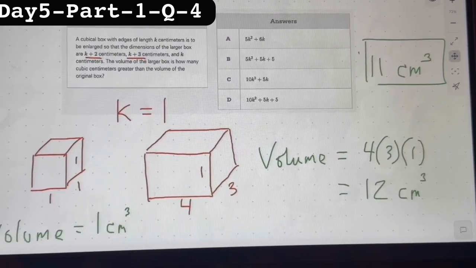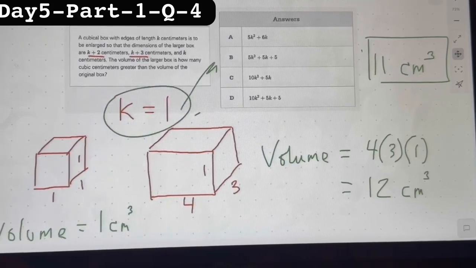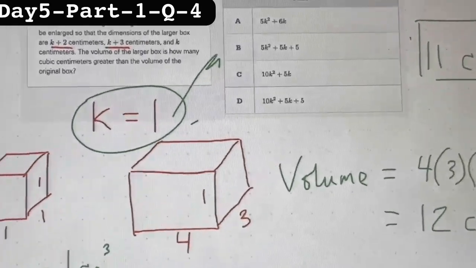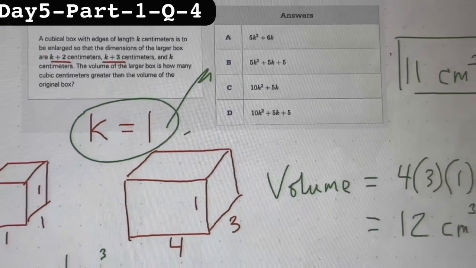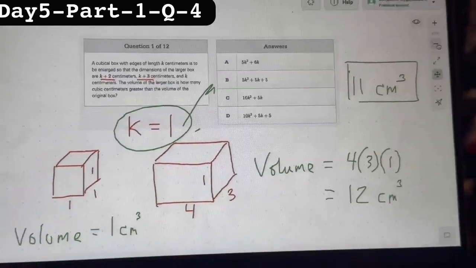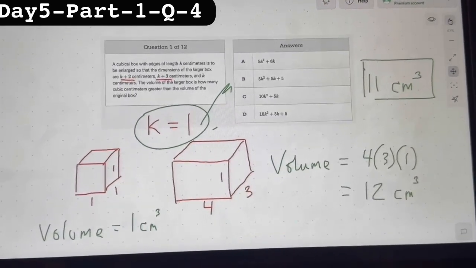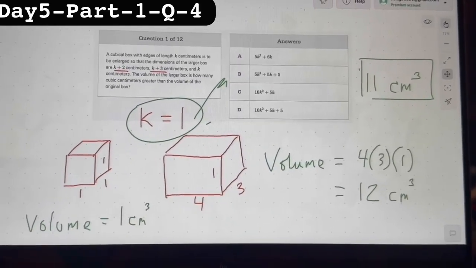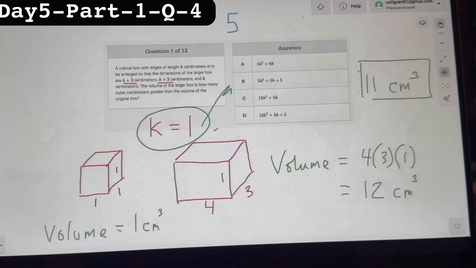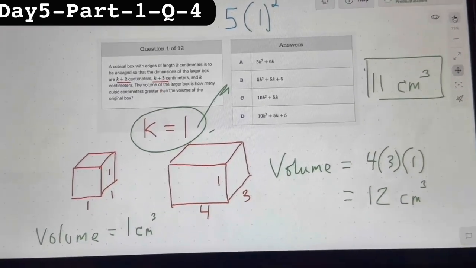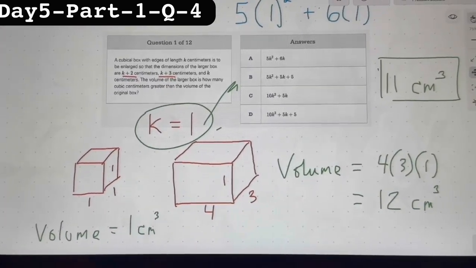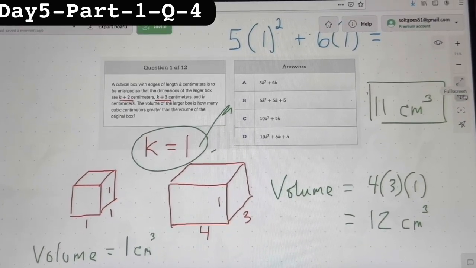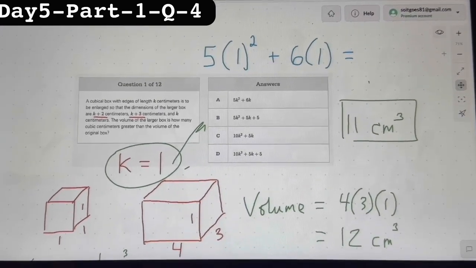So let's plug in 1 for K into the answer choices and see which answer choice gives us 11. Does A give us 11? A is 5 times 1 squared plus 6 times 1, which is 5 plus 6, which is 11.